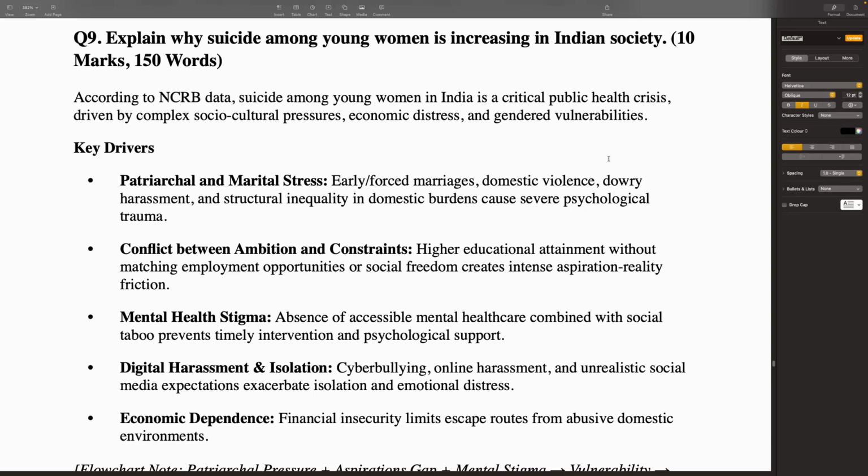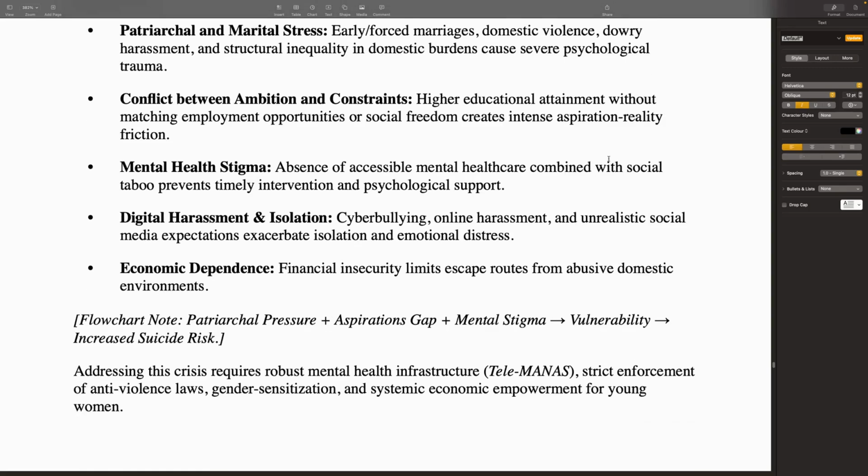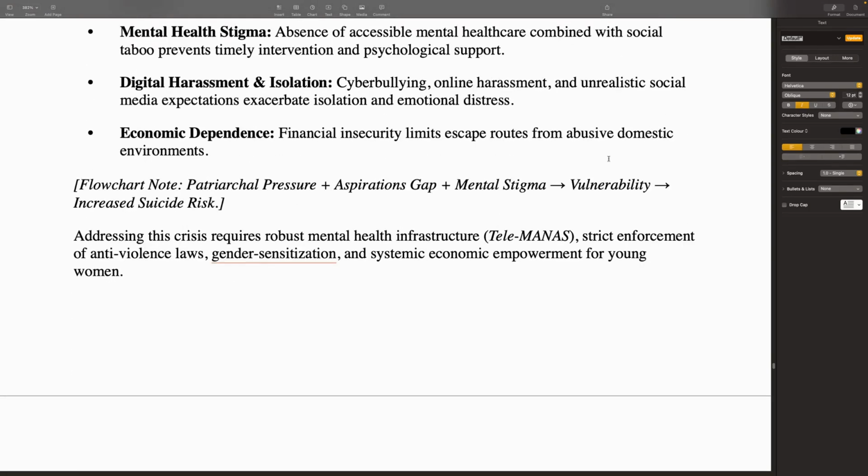Economic dependence, financial insecurity limits escape routes from abusive domestic environment. Addressing this crisis requires robust mental health infrastructure, Tele-MANAS, strict enforcement of anti-violence laws, gender sensitization, and systemic economic empowerment for young women.